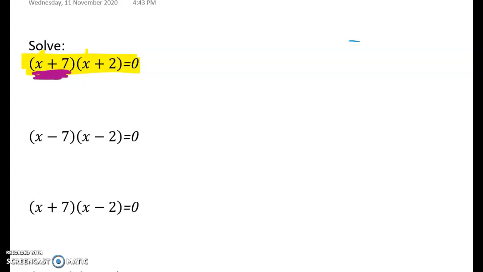If this first factor is equal to 0, then I'm going to have 0 times something, and we know that that will equal 0. Similarly, if the second factor equals 0, then I'm going to have blah, blah, blah times 0, and that will equal 0. So there are 2 values of x that would make this statement true.